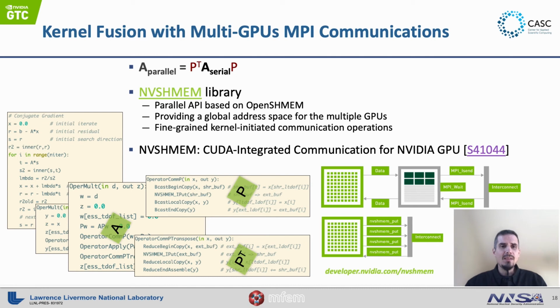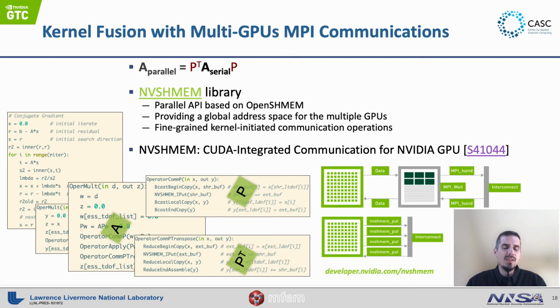Going back to the math, moving from a serial operator to the parallel version requires wrapping it in a P-transpose A P operator. For a typical A operator constrained with the boundary conditions, it is going to be prefixed by one communication operator and postfixed by another communication operator.